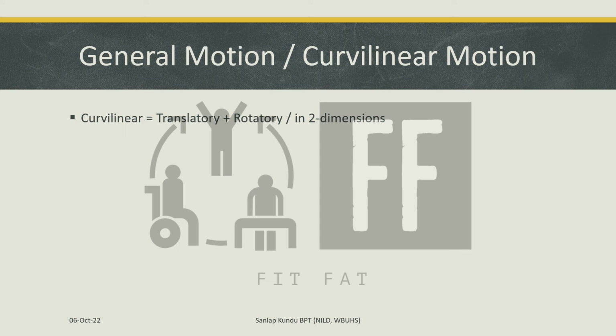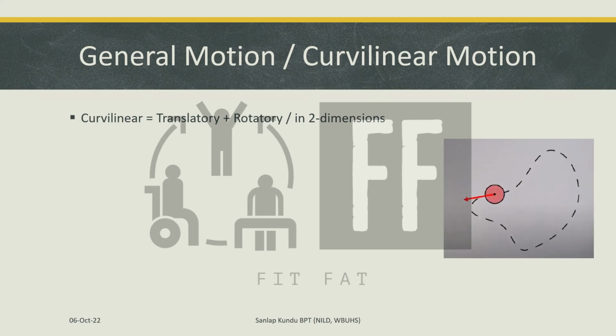But this motion is happening in 2 dimensions, which does not always happen with our human body because we move in 3 dimensions, right? So here is just the basic idea of curvilinear movement. You can see there is this curved path and there is this linear movement. So this is the general motion that is happening in our body. Now, the axis of the segment shifts in space as the subject moves, right?